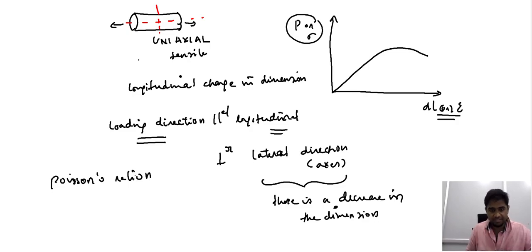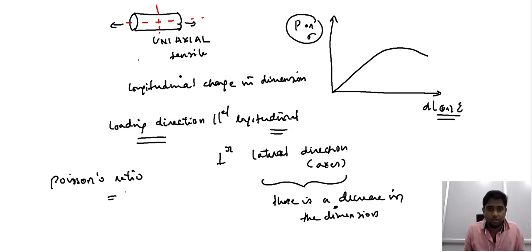And this effect that we see is called Poisson's effect, and what we mean by Poisson's effect is the change in the lateral dimension when principally a load is applied along the longitudinal axis. So a load is applied along the longitudinal axis, there is an expansion that corresponds to it, and in addition to it, in relation to the longitudinal expansion, you also see there is a decrease in the dimension along the lateral plane or the lateral axis.